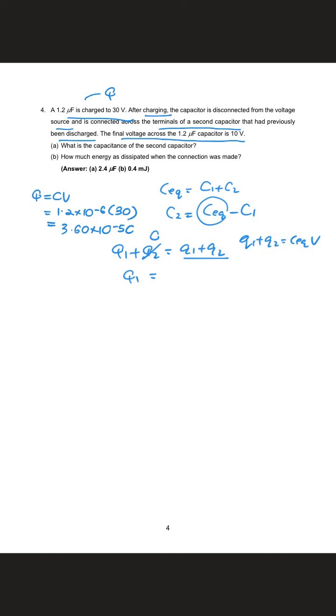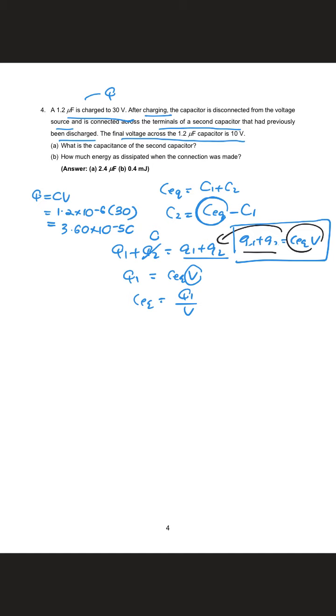I'm going to replace Q1 plus Q2 with C equivalent V in this equation, so I get Q1 equals C equivalent V, and therefore C equivalent is Q1 over V. Please take note this V is the final voltage, 10 volt, because this equation is where they reach equilibrium.